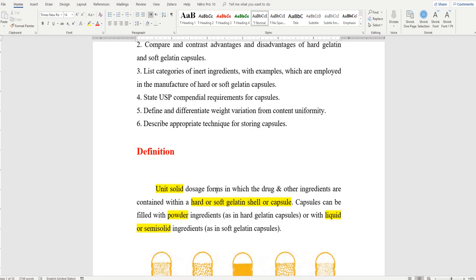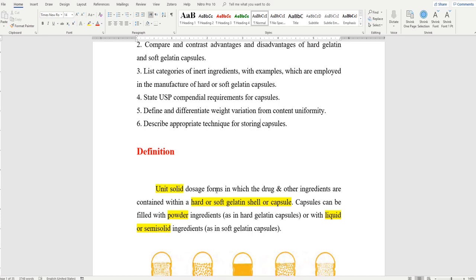Remember the definition of powders and granules. First, we want to describe how the capsule looks like. With powder, we said that these are solid dosage forms composed of finely divided particles intended for internal or external use.